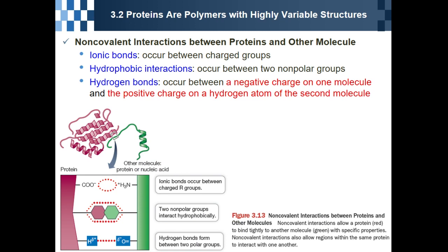For example, between the carboxyl group and amino group, an ionic bond happens between the charged R groups, but this is not covalent bonding. This is non-covalent bonding. They do not share the electron.